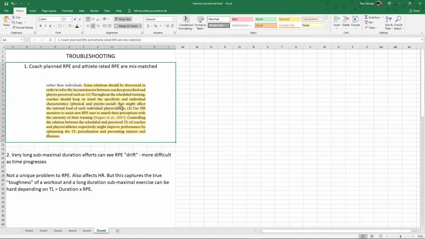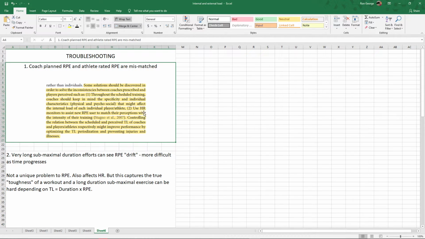So basically, know your athlete. Okay, if you're training like 200 people, you need to know each one. That's why small groups work really well. You got to know the athlete well, and so that will address some of the differences between what you are prescribing and what they're coming back with.